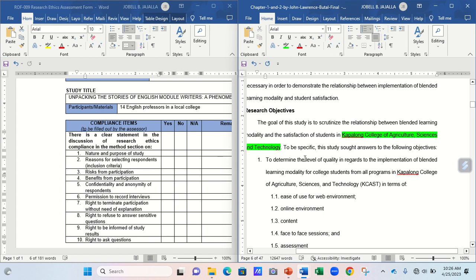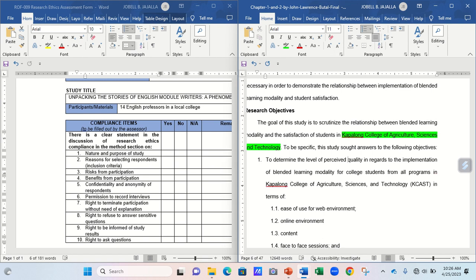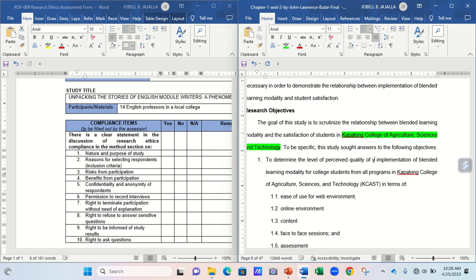So to determine the level of quality, perceived quality, no? To determine the perceived quality of the implementation of blended learning modality.